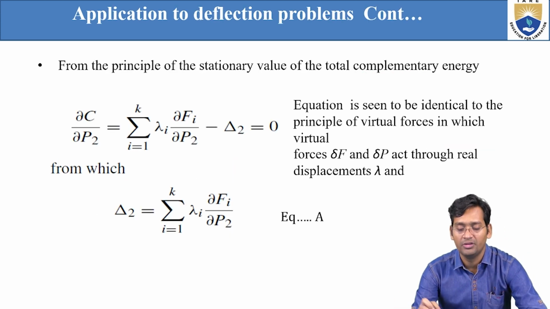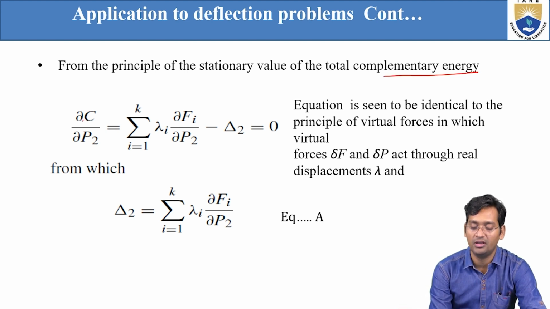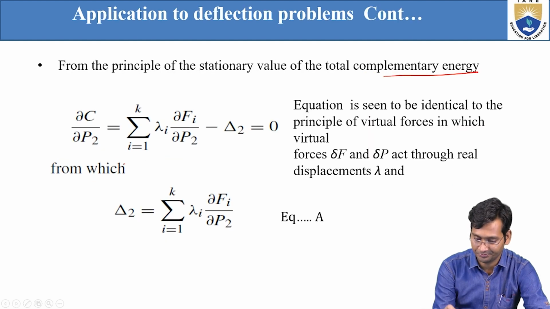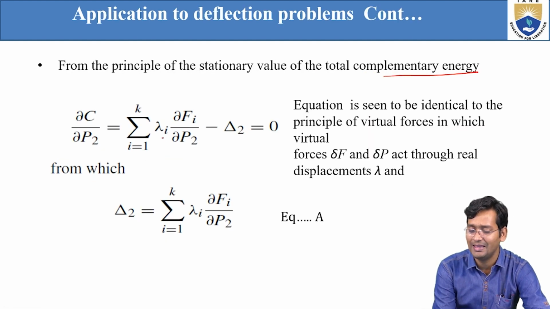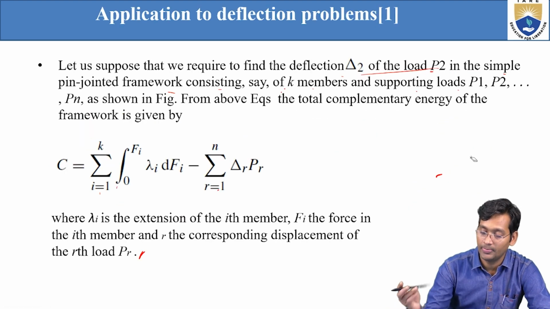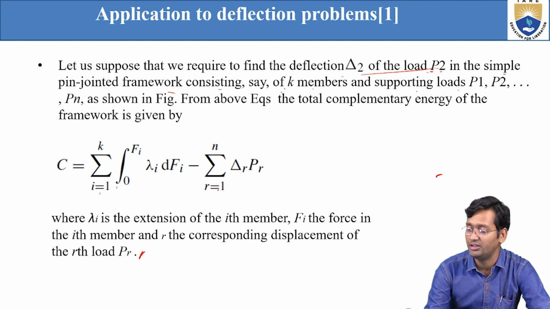Okay. So from the principle of a stationary value of the total complementary energy, delta C by del P2, means differentiate with respect to P2 for the second one. So this will be sigma i equals 1 to K of lambda i del Fi by del P2 minus delta 2. I'm taking the second one because at point 2 we are finding, so load P2.